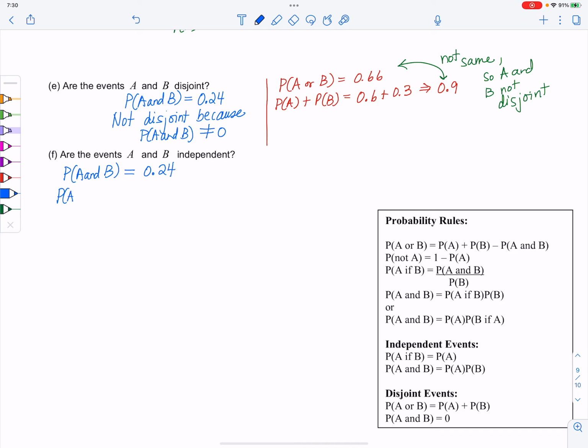Now, what's the probability of A times the probability of B? A is 0.6 and B is 0.3, which is 0.18. So are these two the same? They're not the same. So A and B are not independent.